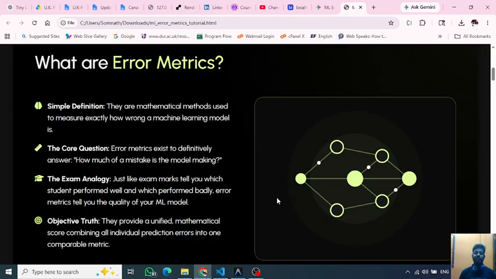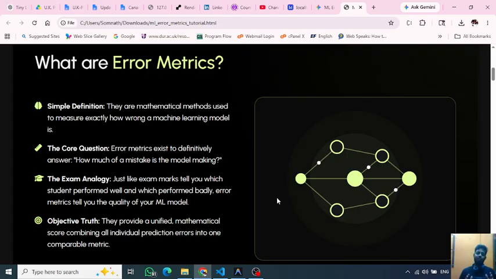This error metric tells you how good or bad your machine learning model is. It is a mathematical method to measure the performance. Error metrics exist to definitively answer how much of a mistake the model is making.